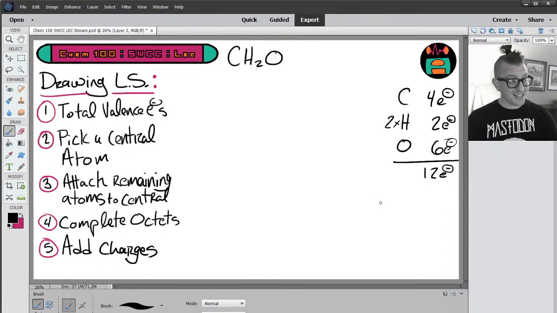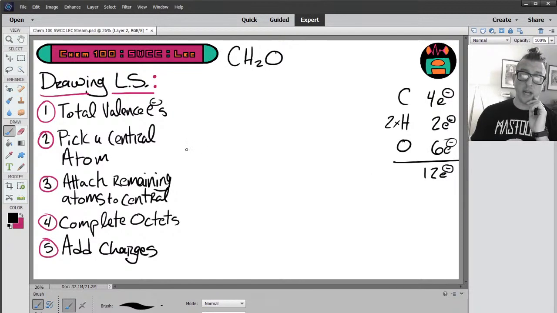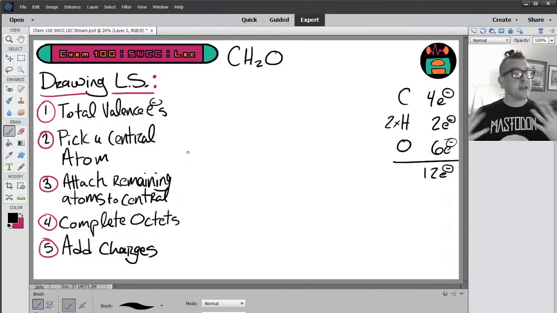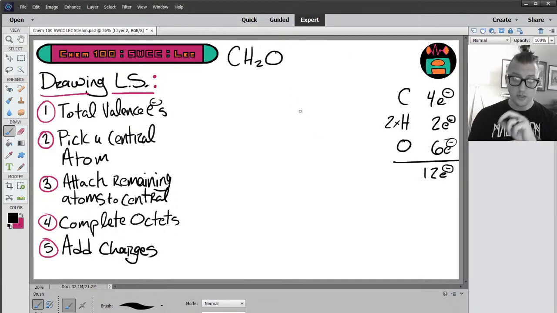Now, when it comes to picking the central atom, you want to select the atom that likes to make the most bonds. And we said we could do this by looking at the unpaired electrons in our molecule.